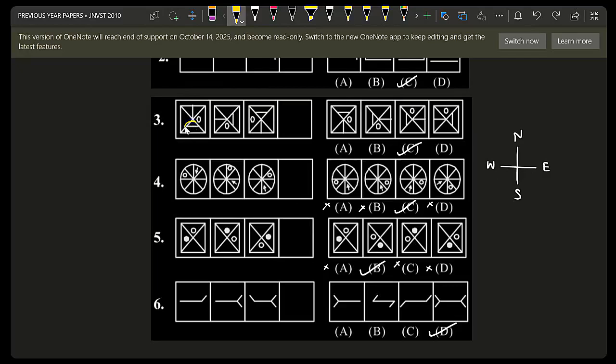Let us look at this line. Where is this line now? South, east, north. Next, what do you expect? West. It is there in west only, option C.